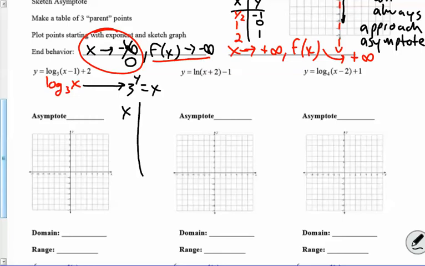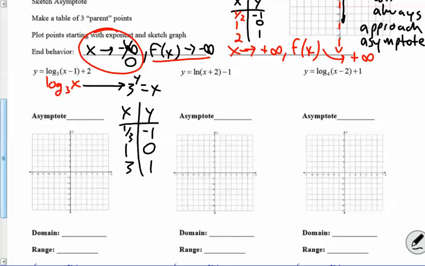You're going to do your x's and y's. Start with y: negative 1, 0, and 1. So plug negative 1 in, you get 1/3. Plug 0 in, you get 1. Plug positive 1 in, you get 3. So these are our starting points, and then we'll apply the transformations.